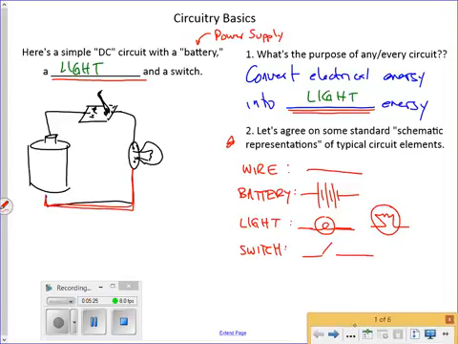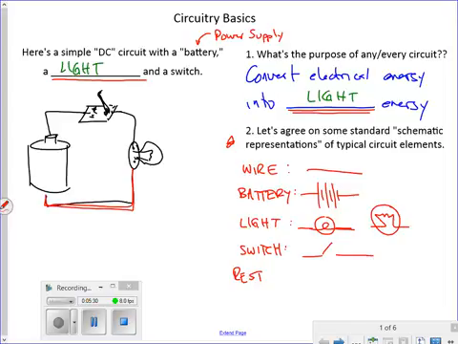Very standard is something that we call a resistor, and that looks like that, a zigzag. And what's a resistor? Well, we spend a lot of time talking about that. But basically, anything that goes in here is a resistor. They're just specialized resistors.